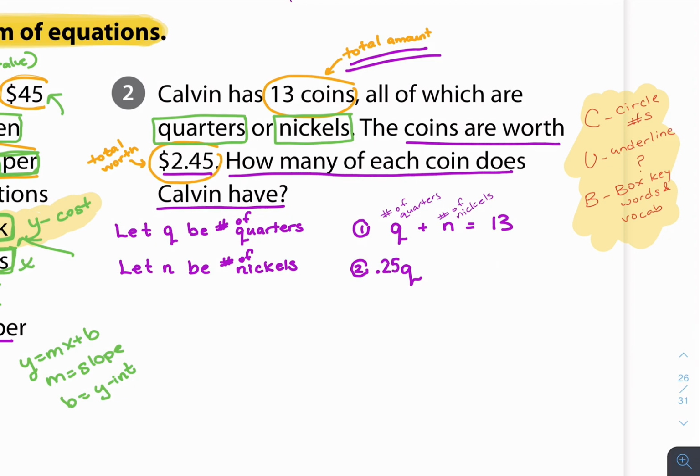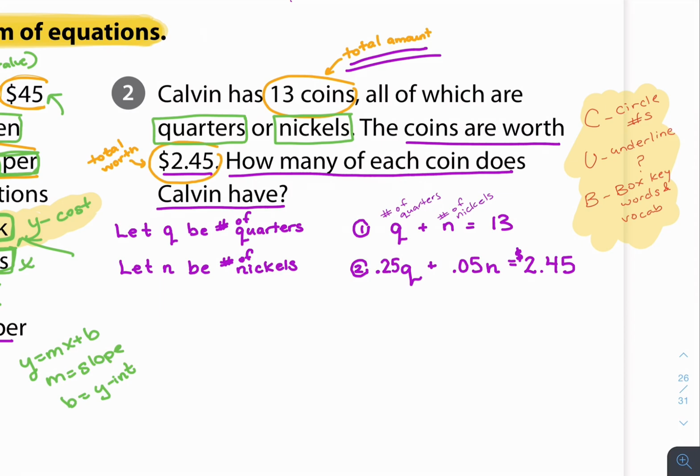So 25 times every quarter he has, plus, and a nickel is worth 5 cents. So 5 cents times every nickel he has, and that should give us the total worth of his coins, which is $2.45. So there are my two equations.